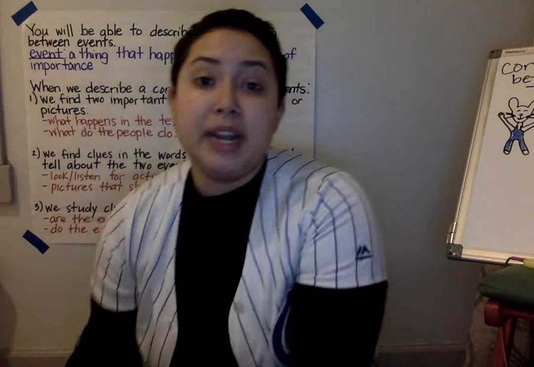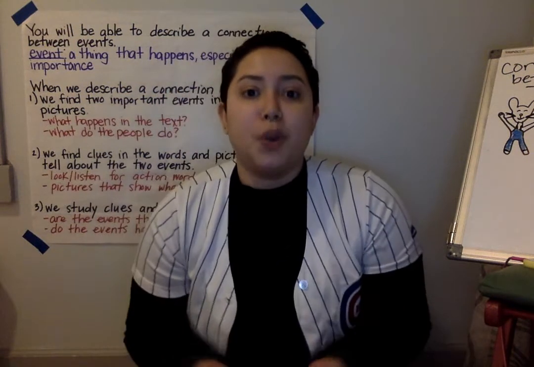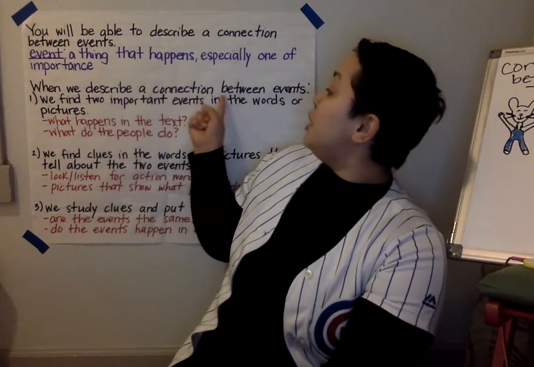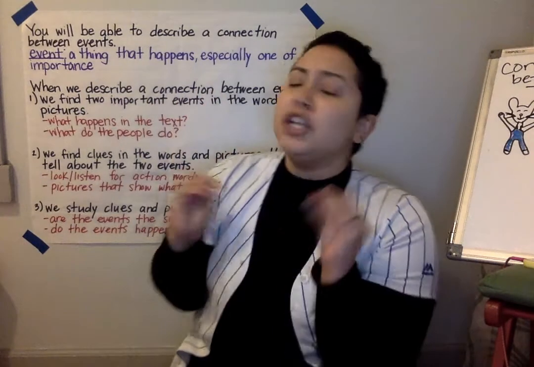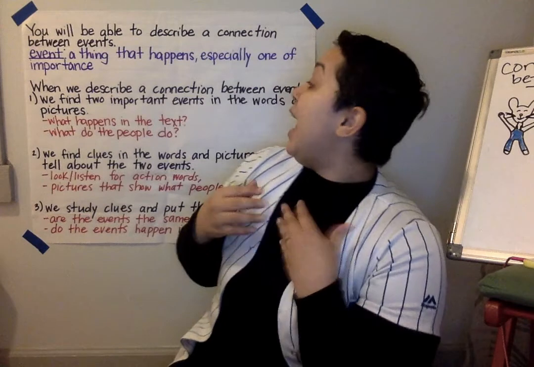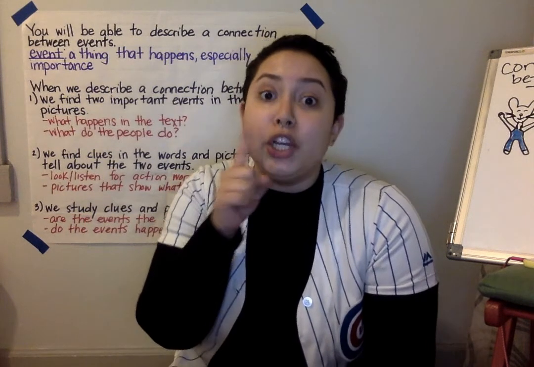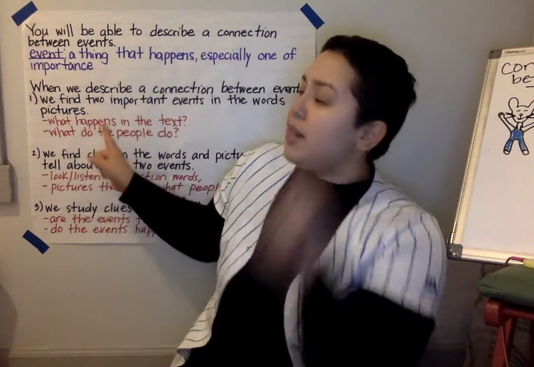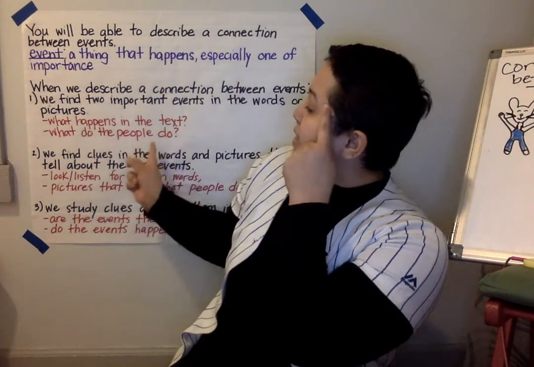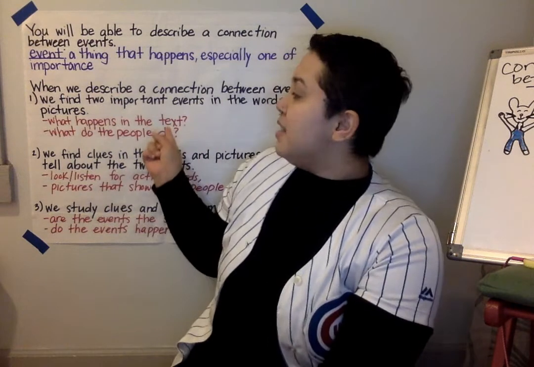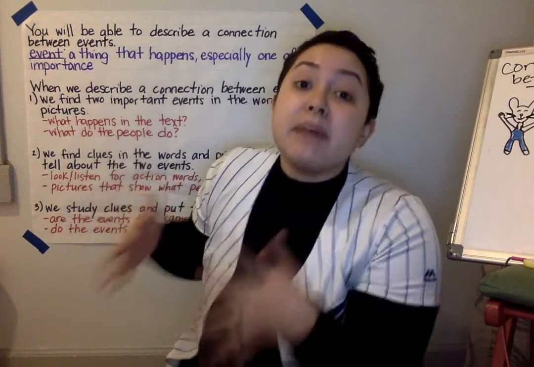Now, we're going to stop reading right there, and we're going to talk about the things we're going to do today. The first thing we do when we describe a connection between events is we find two important events in words or pictures. So that means we listen closely and we look carefully. I want to think what happens in the text and what do the people do. In the text, our little boy gives a mouse a cookie.